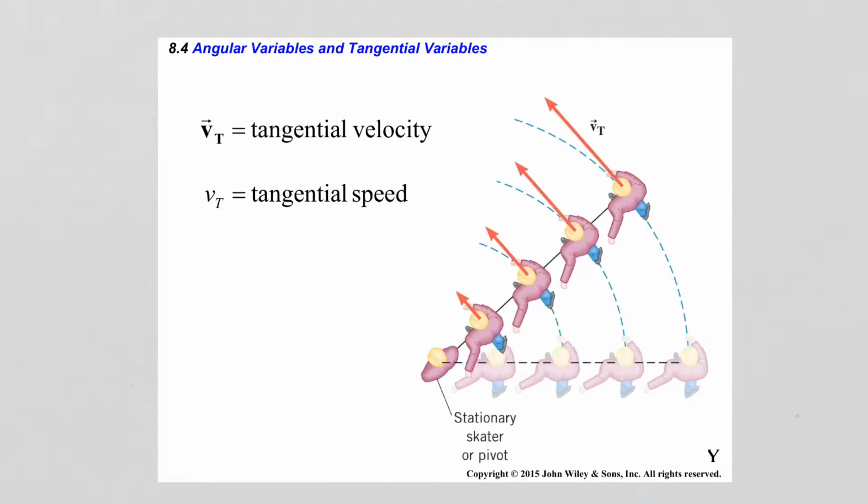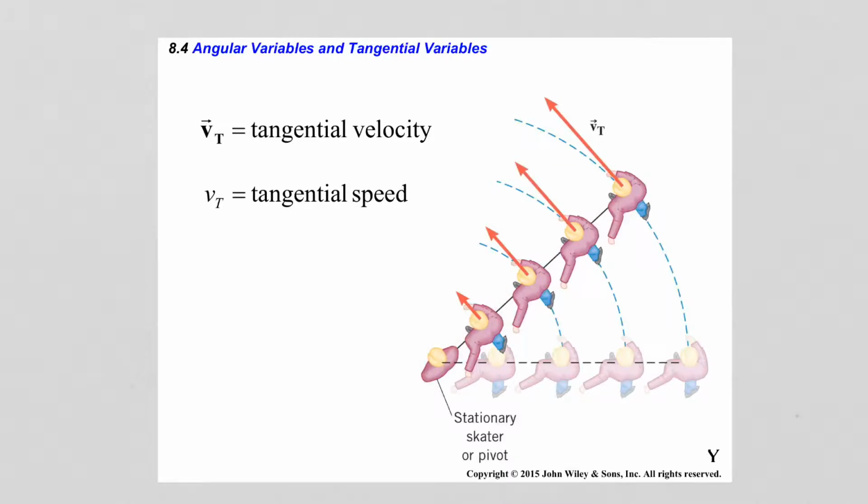Here we have 5 skaters that are forming a line and are rotating around a circle, with this skater right here being in the center, while trying to maintain this line straight.